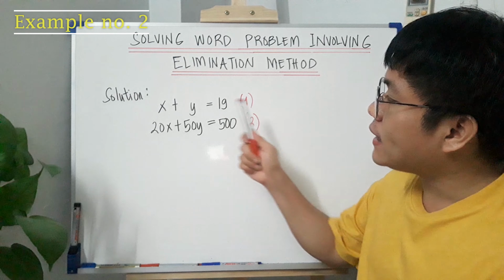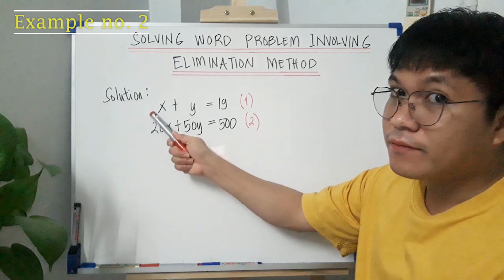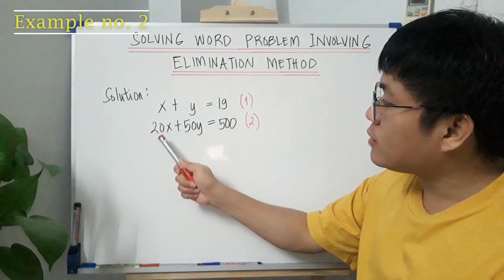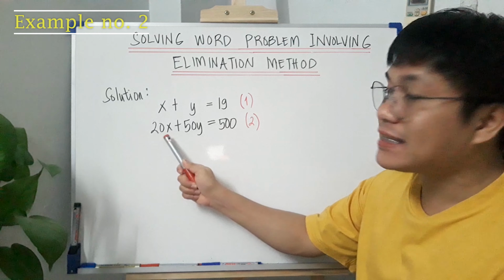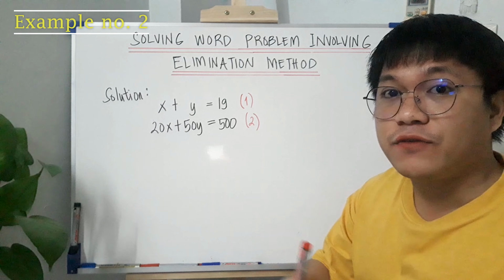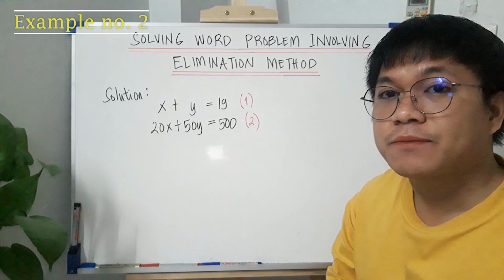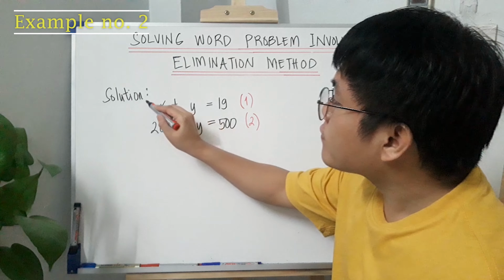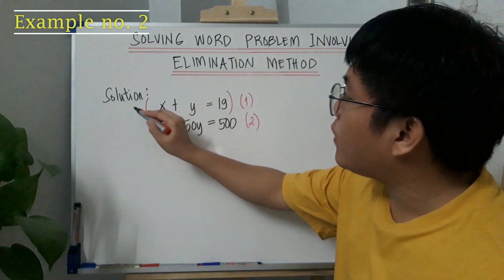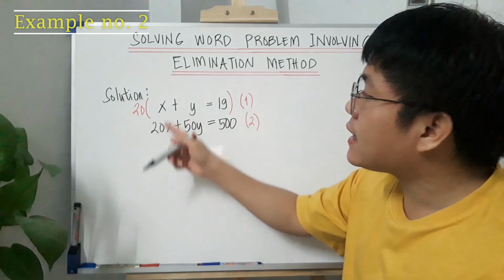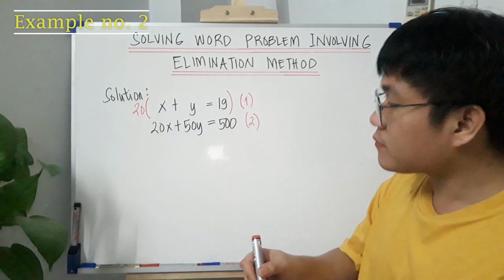In equation number 1, the coefficient of x is 1. However, in equation number 2, the coefficient of x is 20. There's a big difference between the coefficients in both equations. So what we are going to do is multiply equation number 1 by 20 to make their coefficients equal.